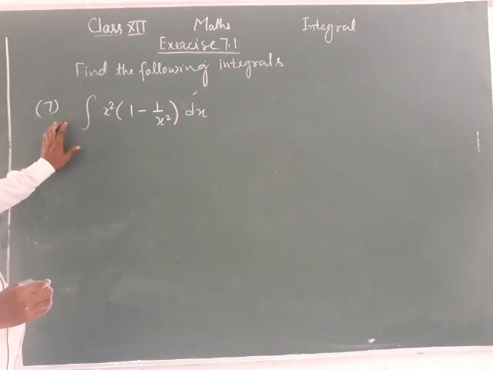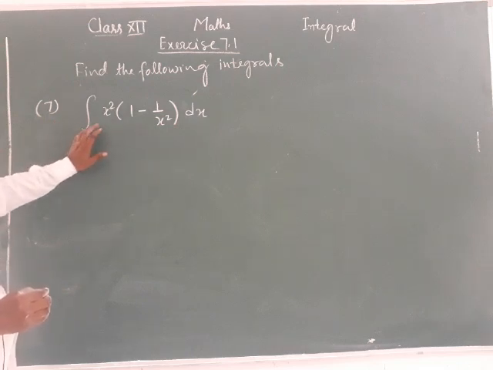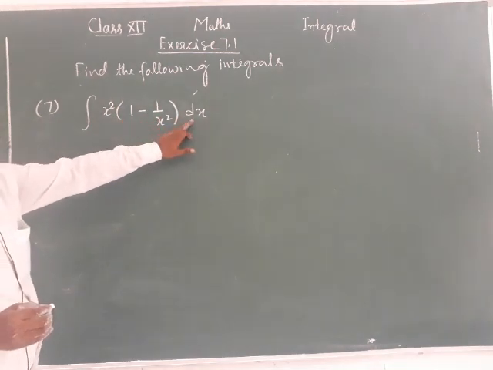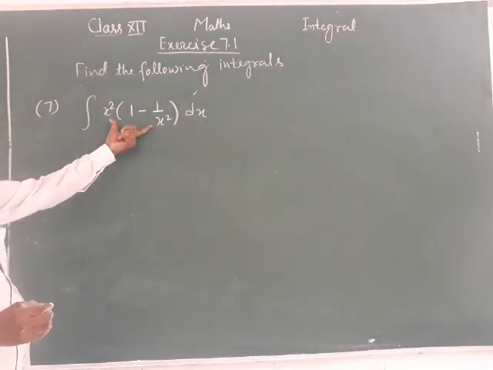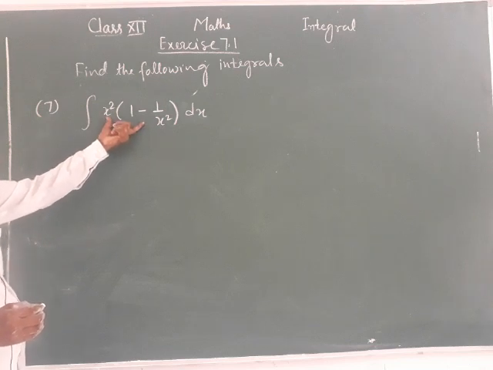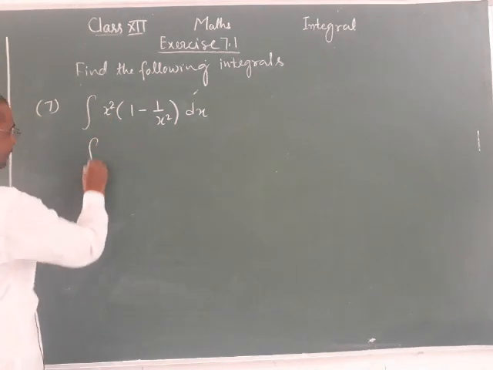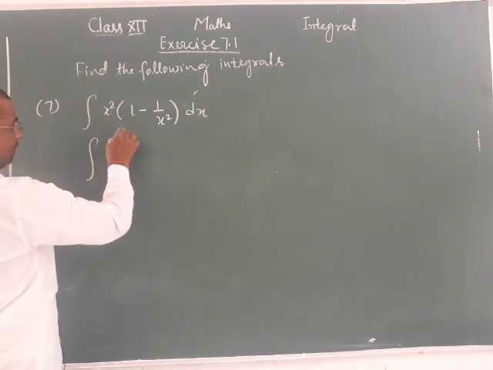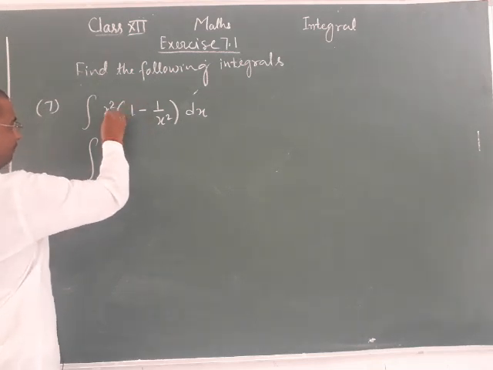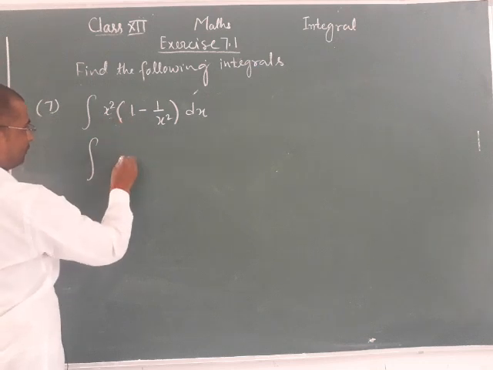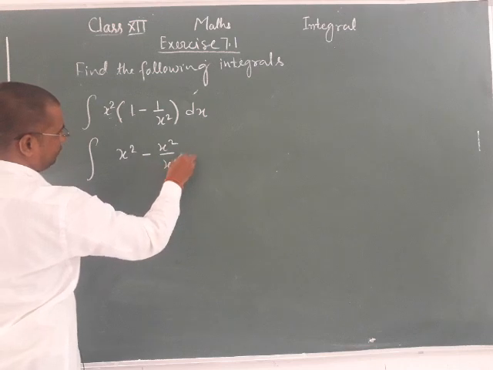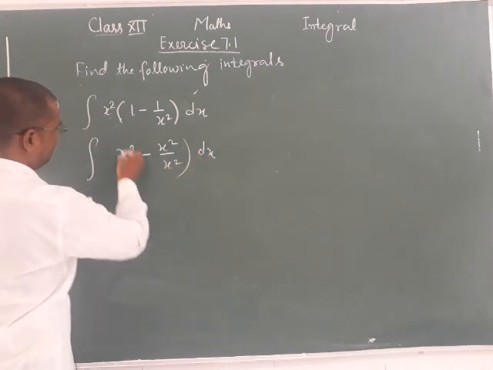Question number 7. Integral of x square in bracket 1 minus 1 upon x square dx. Now calculate this function. So we get the integration of x power 2 multiplied in this bracket: x square minus x square upon x square, dx.